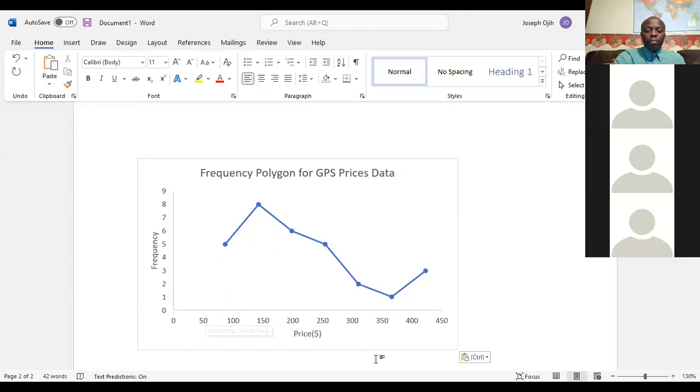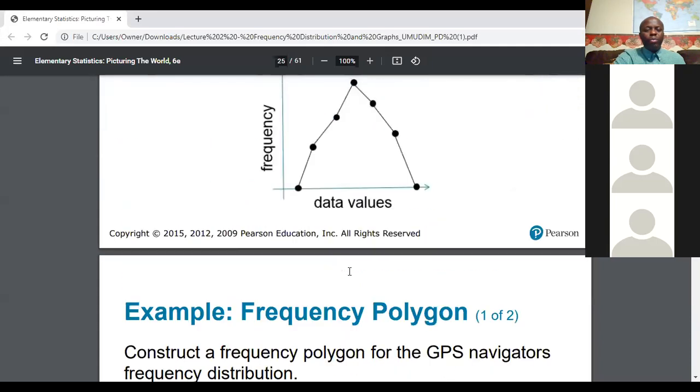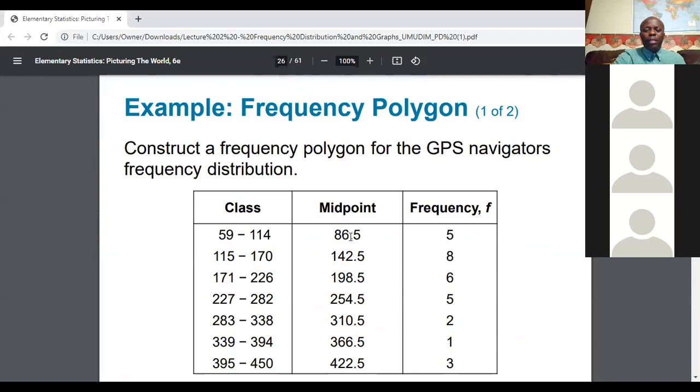The lowest price is 59. If you remember the class width, you just subtract the class width from here, 86.5. Our class width was 56, I believe.